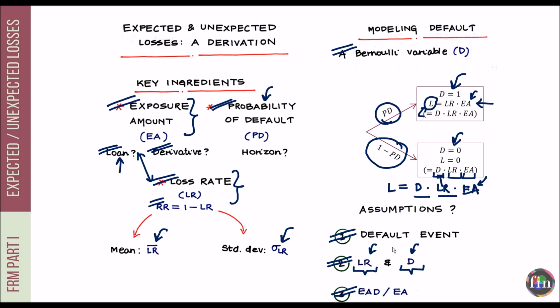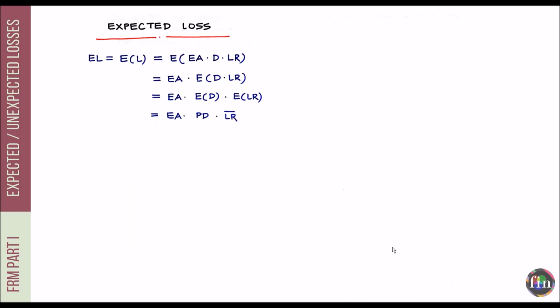Okay, so let's do that. Let's try getting our first result, which is the expected loss. Expected loss is the expectation of my random variable L. I have defined L to be a product of three random variables, exposure, D, and LR. Exposure comes out.